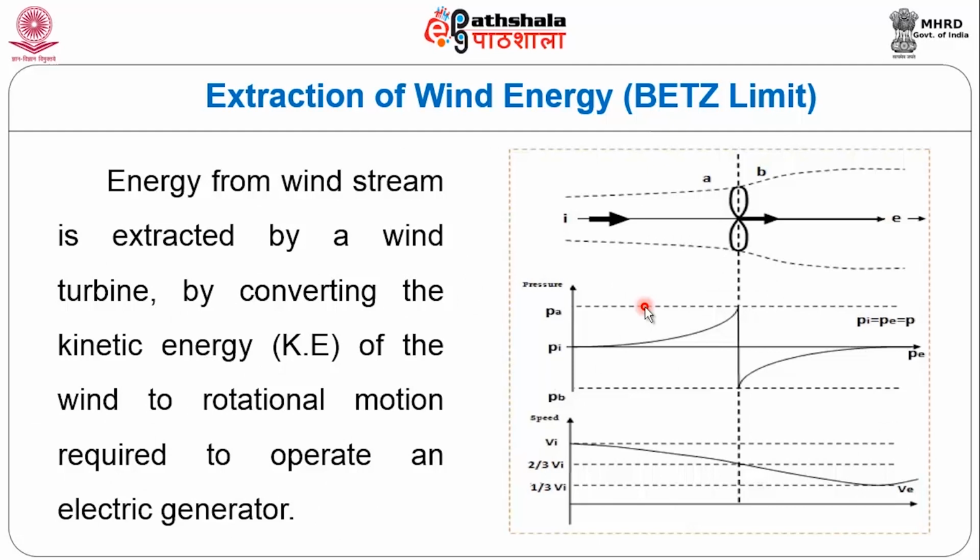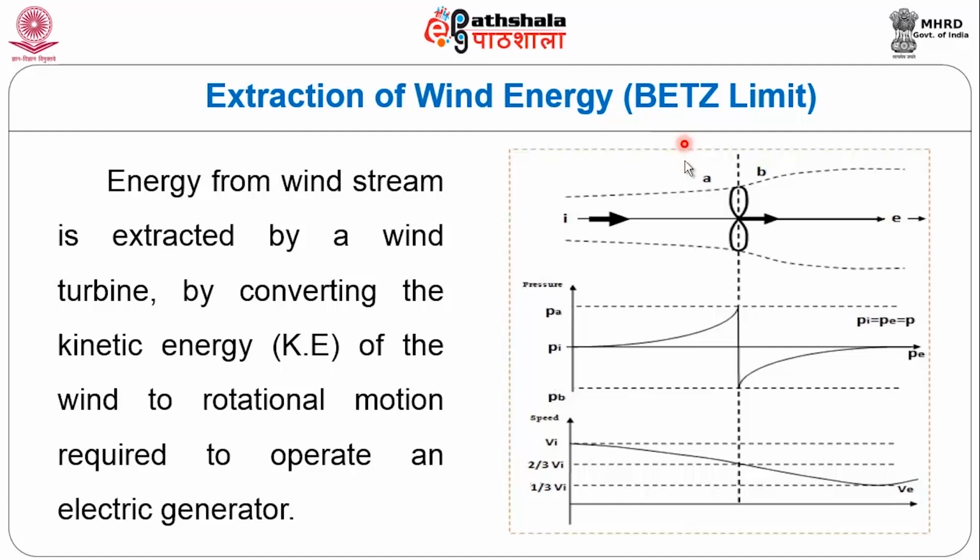And this is about extraction of wind energy, that is about the Betz limit, how we arrive at this Betz limit, and how much energy is being extracted from the wind energy source.